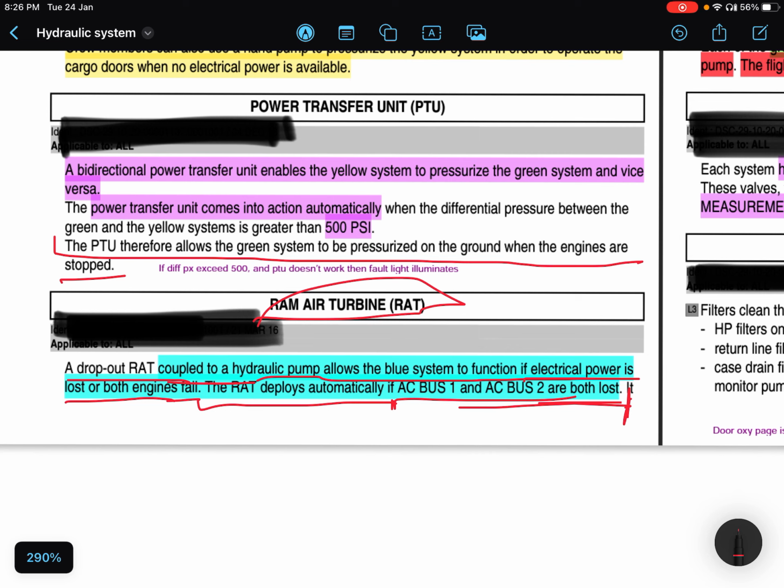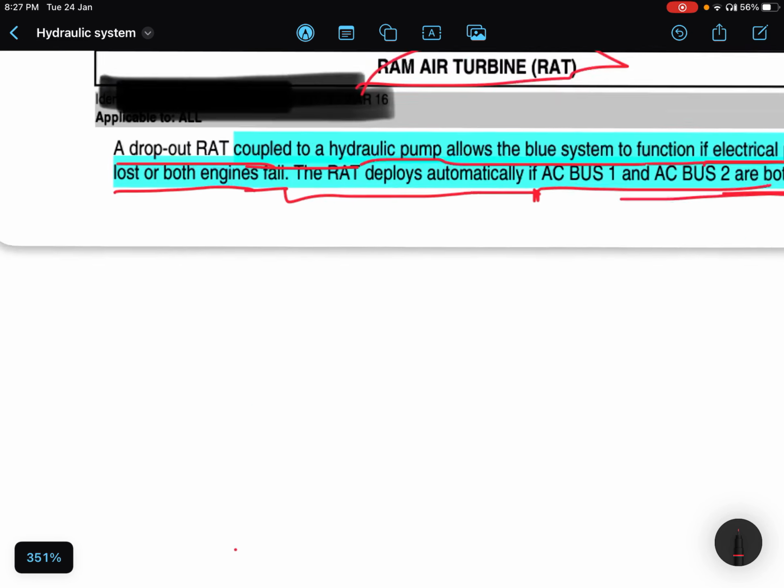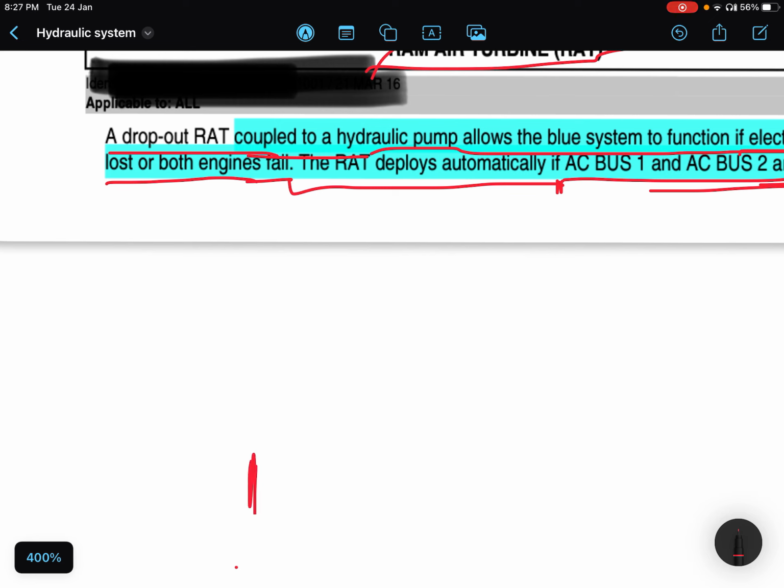If you are facing difficulties understanding this logic, then you can watch the video on system electricals, right? After that it will be very easy for you to understand, but I will make a diagram here for you. Let's say this is engine number 1, this is engine number 2, then downstream we have AC bus 1 and AC bus 2 just after the engines.